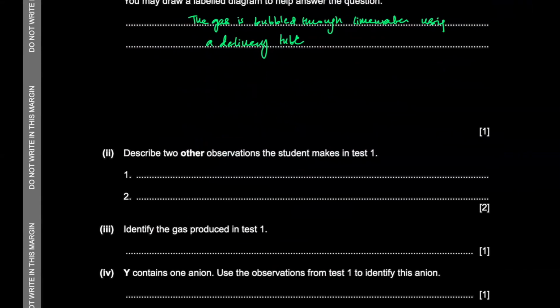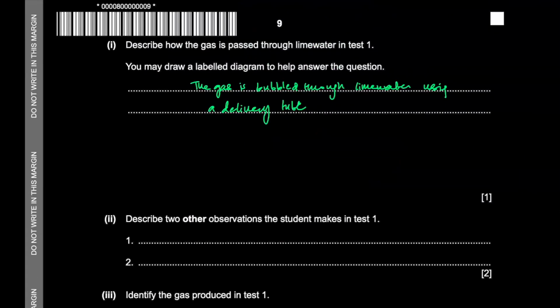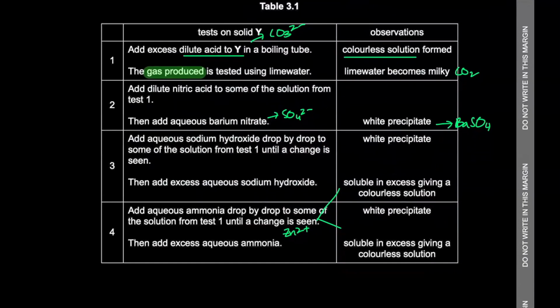Describe two other observations the student makes in test 1. Lime water turns milky, like I've already said. Now, when you're adding a solid, if you're getting a colorless solution, it means the solid is disappearing. The solid disappears.